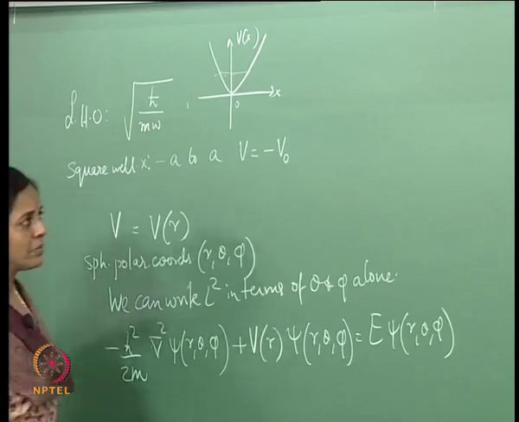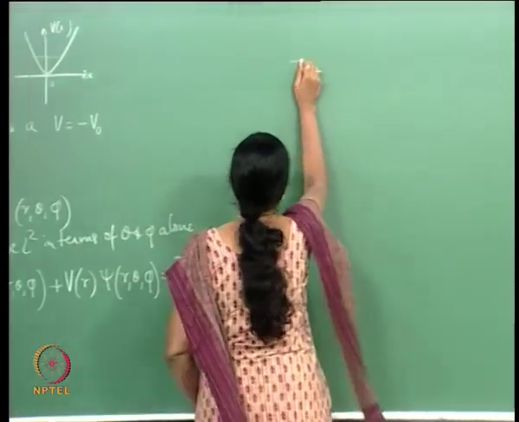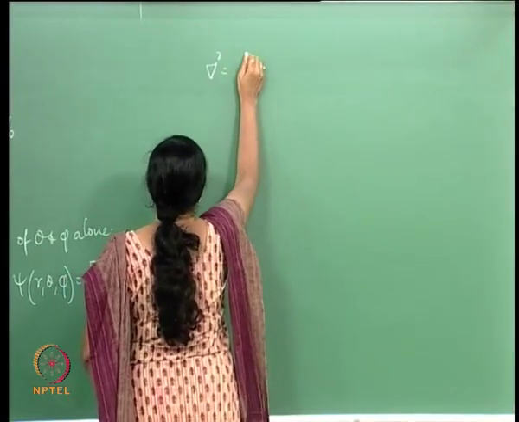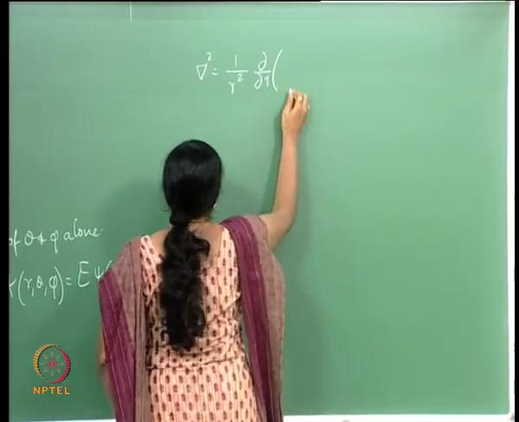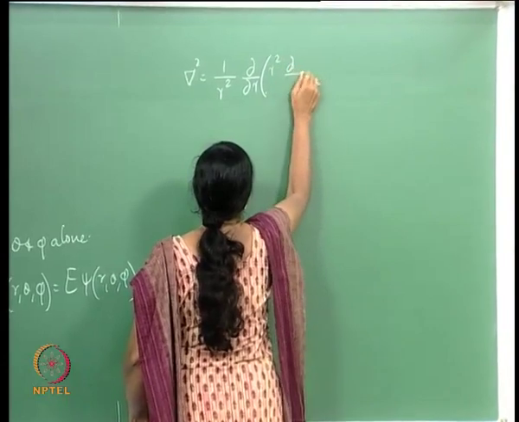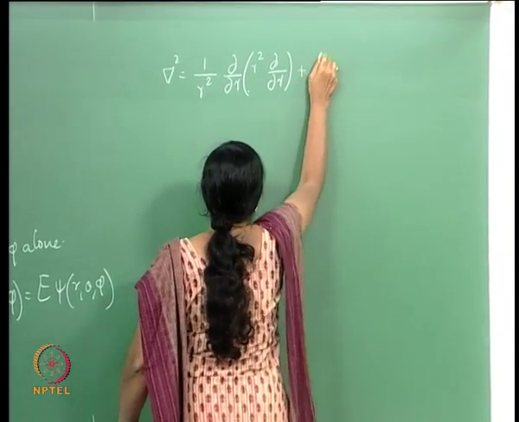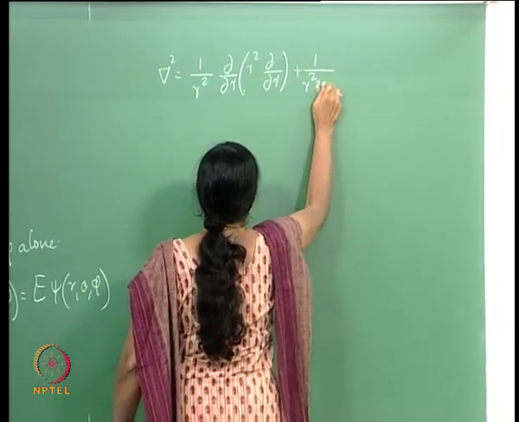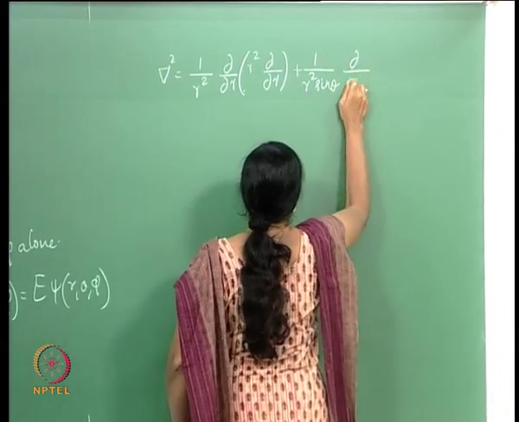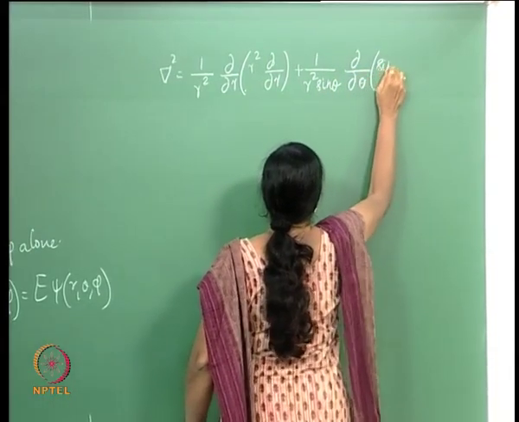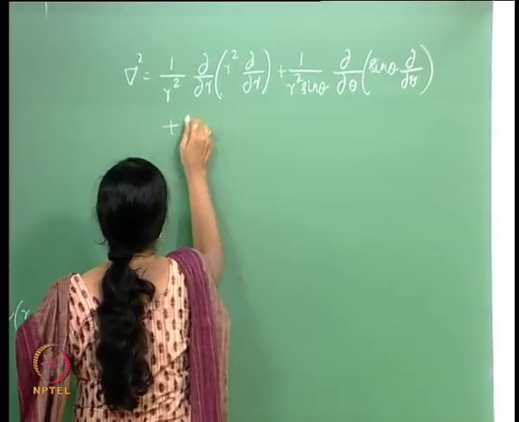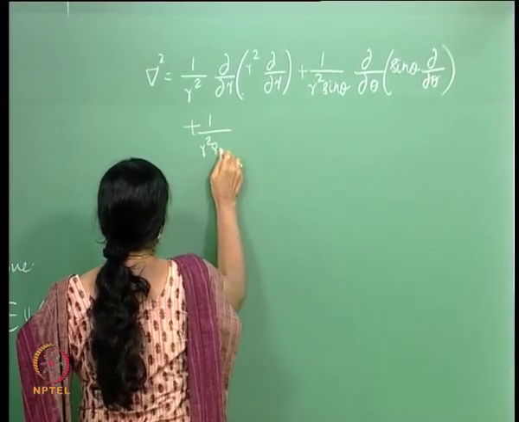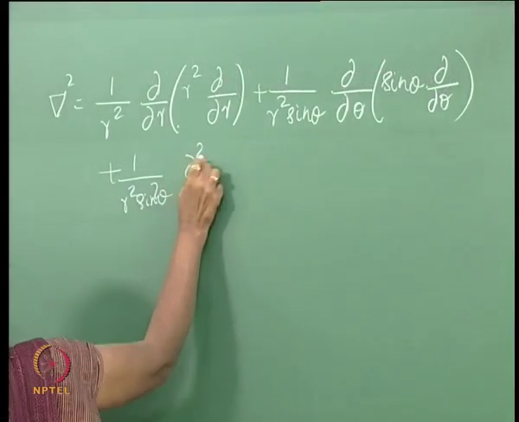Del squared of course can be written in spherical polar coordinates in the following manner, with sine theta delta by delta theta, plus 1 by r squared sine squared theta delta 2 by delta phi squared.